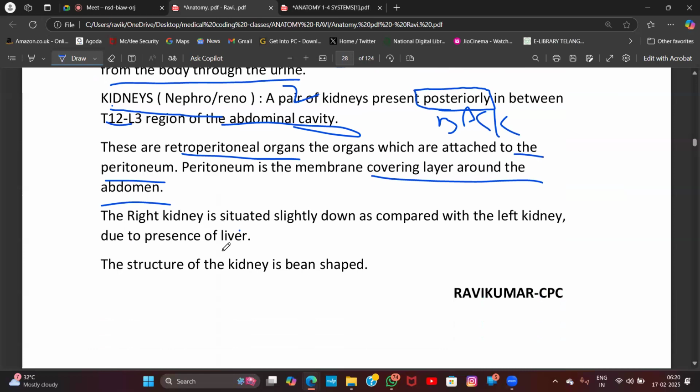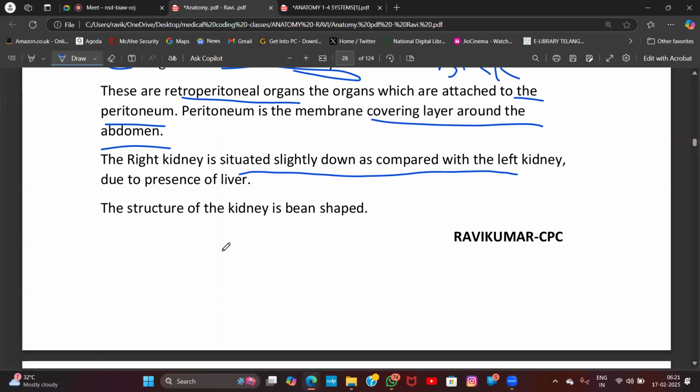The right kidney is situated slightly lower than the left kidney. Why?